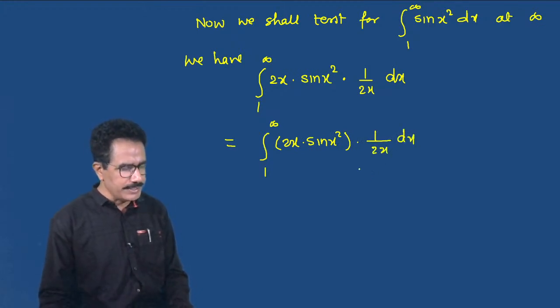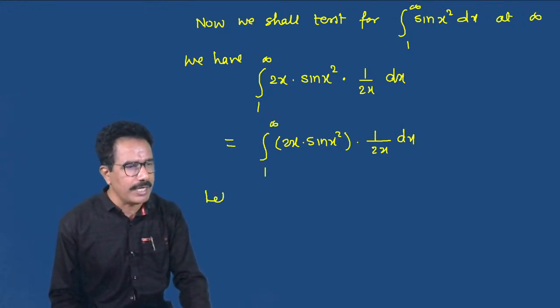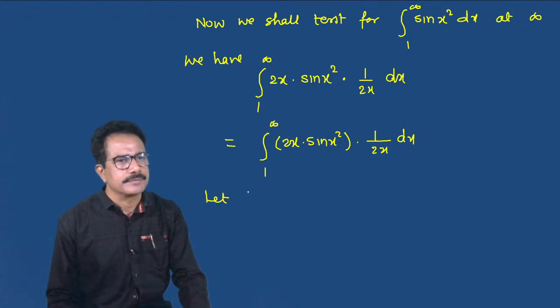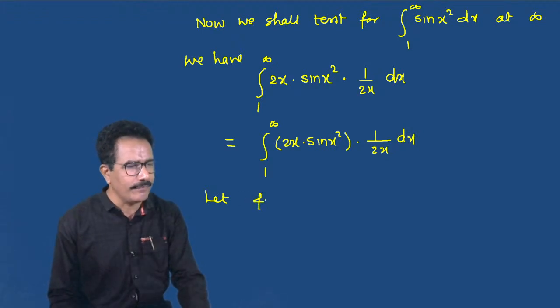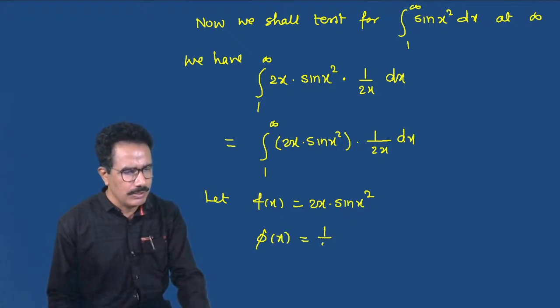Now if we consider the first function, let f of x equal 2x into sin of x square, and the second function phi of x is equal to 1 upon 2x.